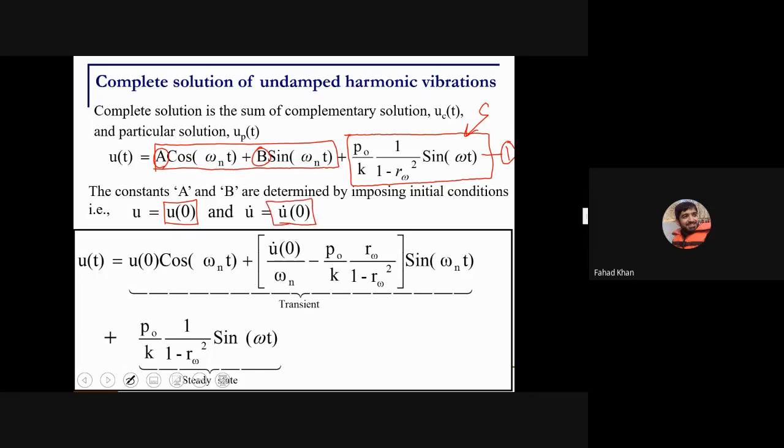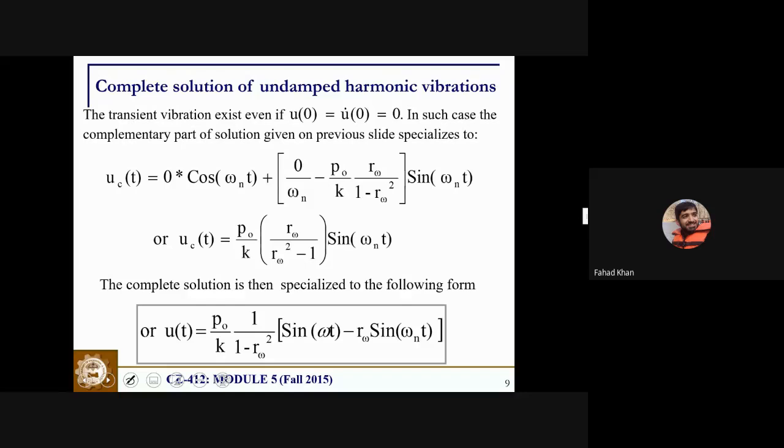So if you put all these values in equation number 1, you will get u naught cos omega n t plus u naught velocity by omega n minus p naught by k, R omega divided by 1 minus R omega squared, sine omega n t, plus the steady state solution, which is the same p naught by k, and this is because of the externally applied force.